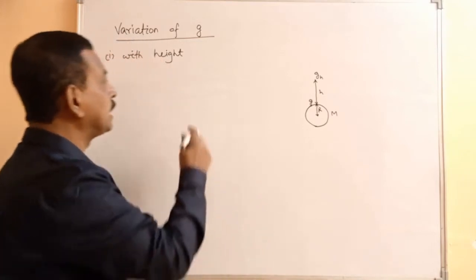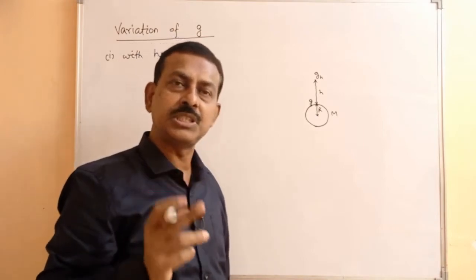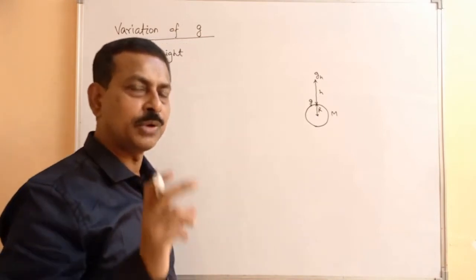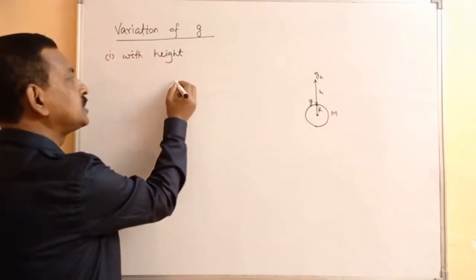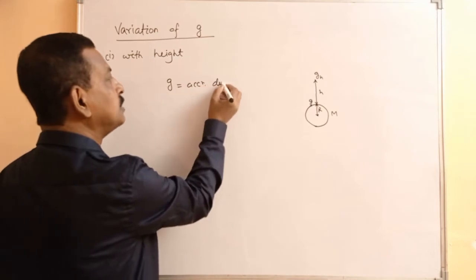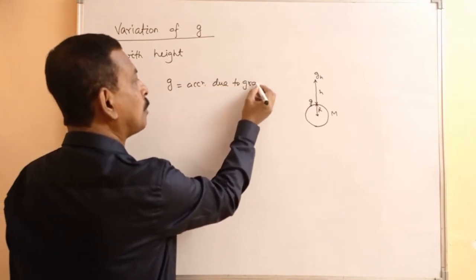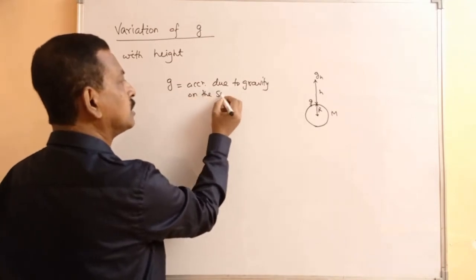So as we have taken that acceleration due to gravity is given as GM by r square, where r is the distance from the center of the Earth, so acceleration due to gravity g is the acceleration due to gravity on the surface of Earth.